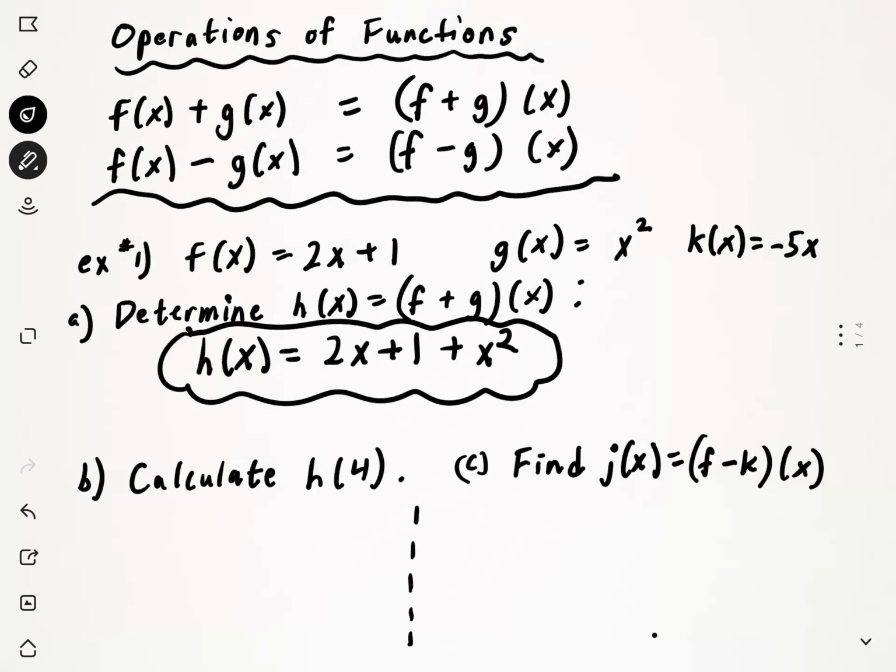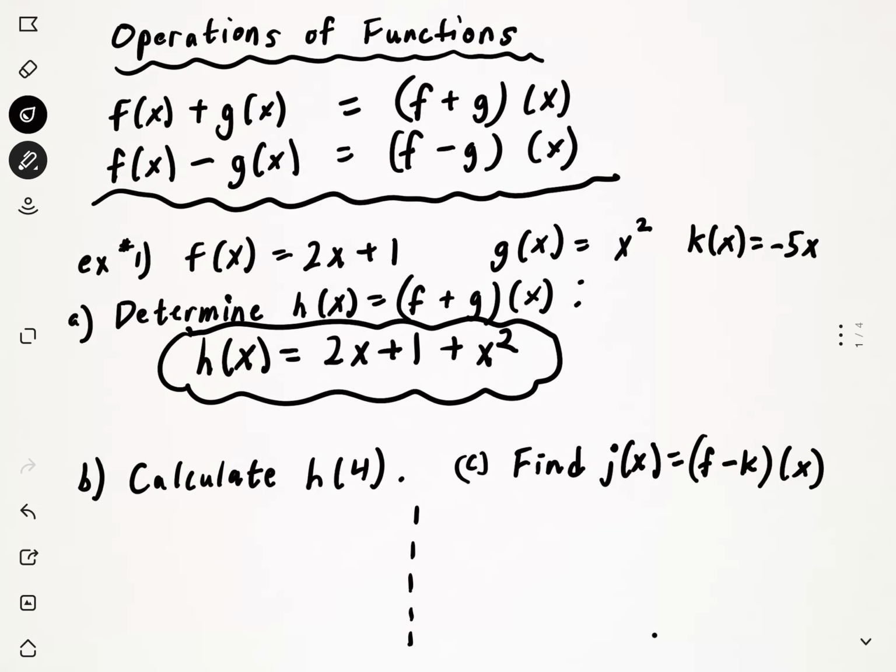You could also maybe factor, but that's not going to do anything because we're not asked to graph or get x-intercepts or anything like that. We're simply asked for h of x. What I would say is that in the case where you have some like terms, you can add and subtract those to simplify things. You're going to see that in example C coming up soon.